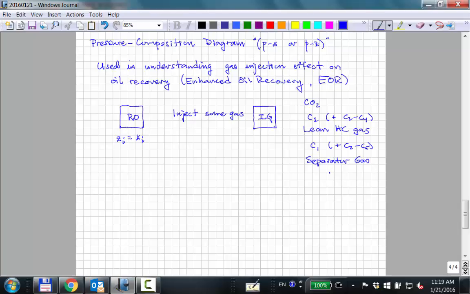You might or might not add some intermediate components, C2 to C4, to create an enriched gas. So basically you've got lean gas, separator gas, or some gas that's been enriched with artificial amounts of ethane through propane and butane.